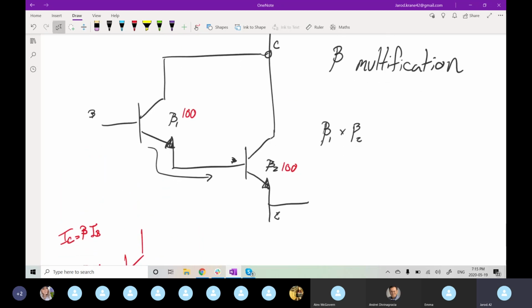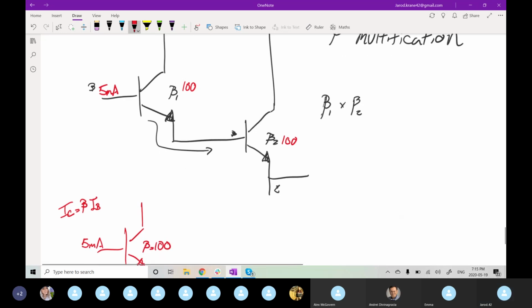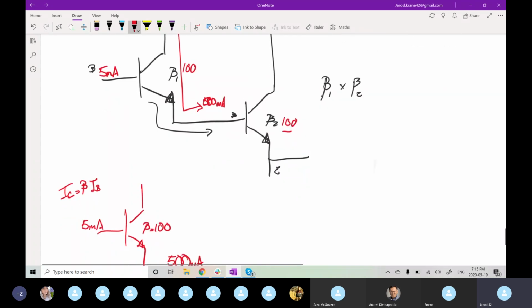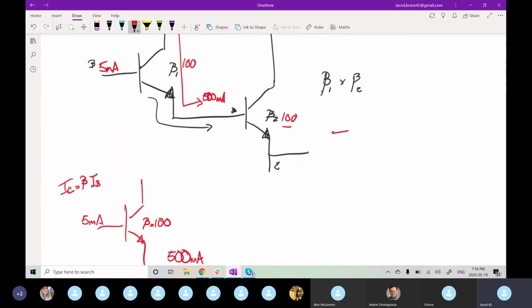Now by doing this configuration, again, if we still can only apply 5 milliamps to our base, we get the amplification through 1, and now we're going to multiply by an additional 100, so your output current is now grown to a much larger value.